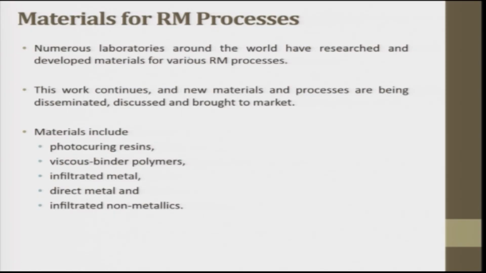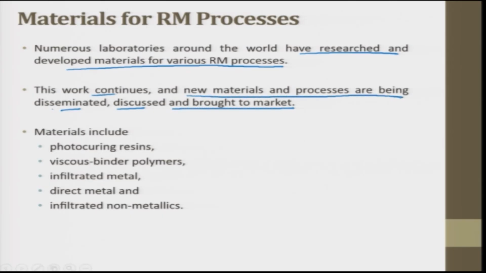Numerous laboratories around the world have researched and developed materials for various rapid manufacturing processes. This work is continuing and new materials and processes are being disseminated, discussed and brought to the market. Rapid manufacturing, as is said by Professor Ramkumar, is still in its infancy and it has great potential. There are certain materials which are being developed, certain processes are being developed.